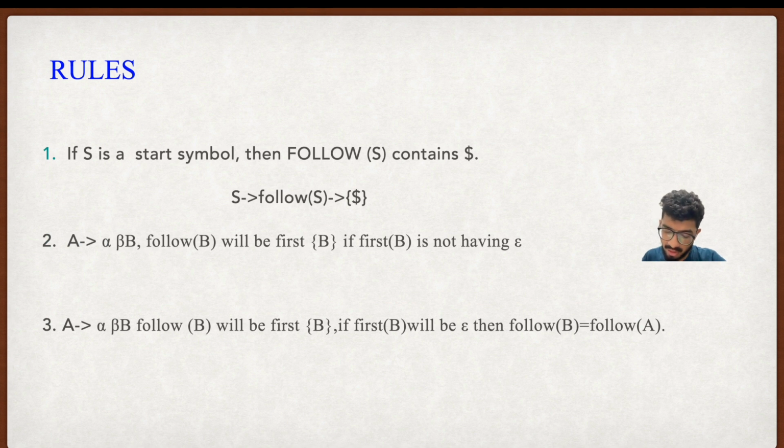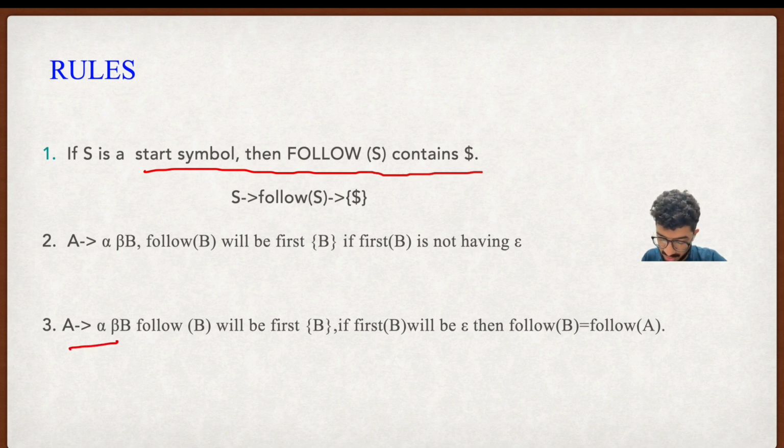Then we have the follow rules. If S is a start symbol, then follow of S contains dollar. If A tends to alpha B beta, then follow of B will be the first of beta, if first of beta does not have epsilon.